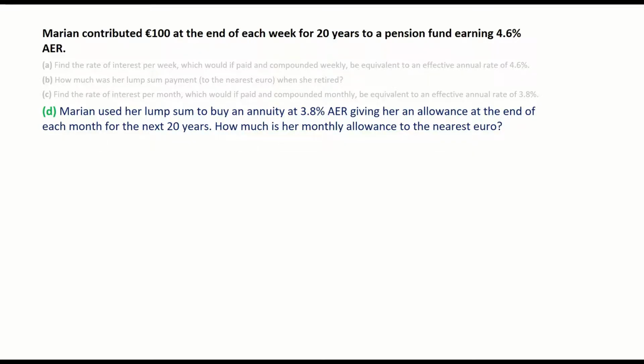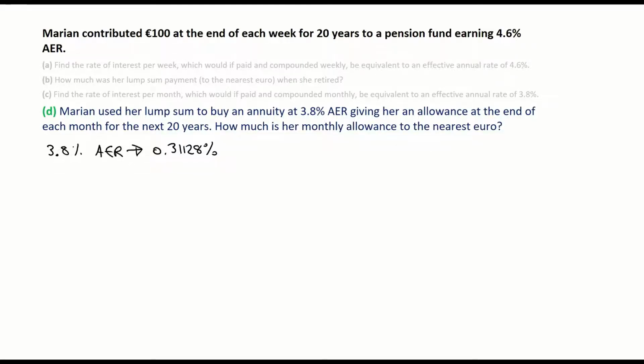Now, we have a lot of information from up above here. The interest rate of 3.8%, we have found that out already up above, so that's the annual rate. We've converted that now to a monthly rate up in part C as 0.31128%. So that's one thing that we do know.